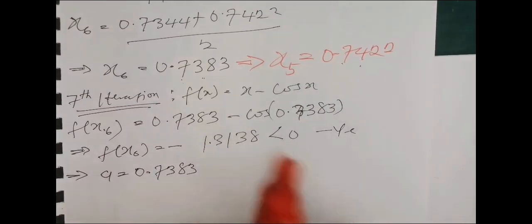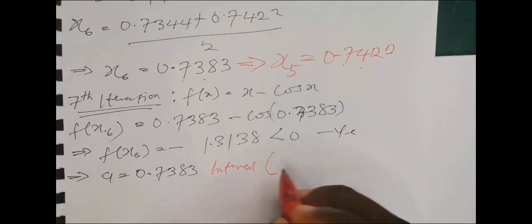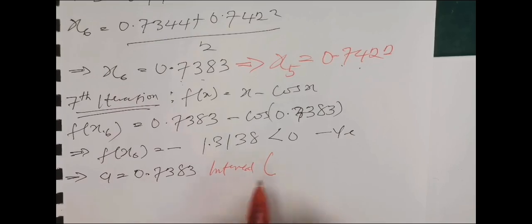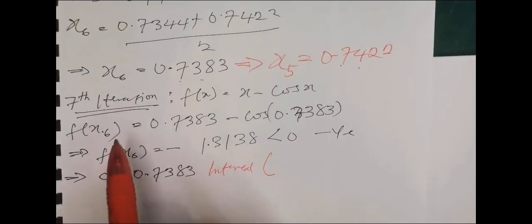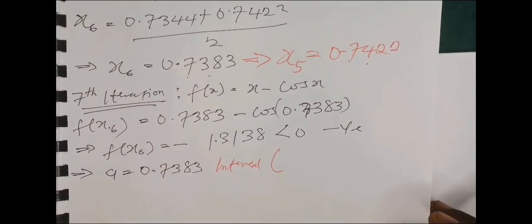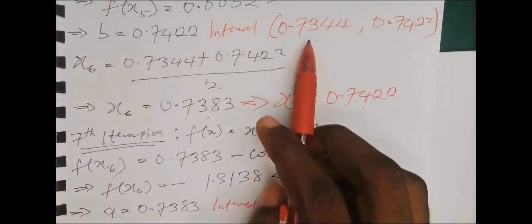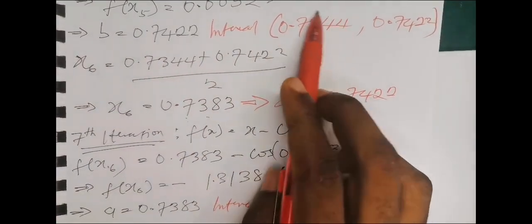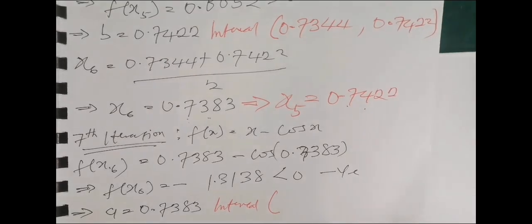So we form our new interval. In place of a we now have 0.7383. So a is changing from the previous interval, but we are keeping b as 0.7422.